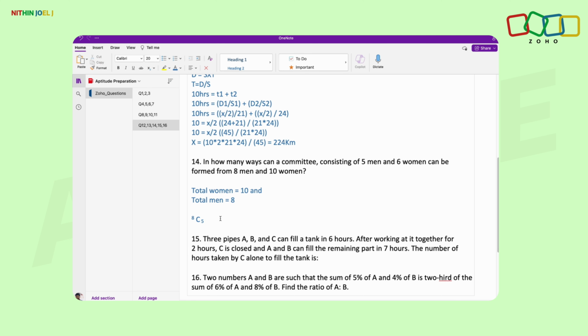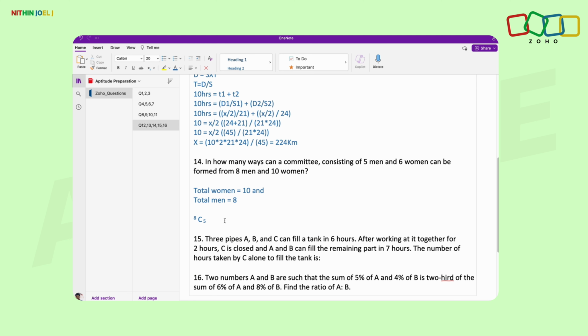This is the formula for 8C5 for choosing men, and we have the same formula for choosing women also over here. So just copy paste. Instead of 8 it is 10, and instead of 5 we have to choose 6. So if we solve this we will get our answer.